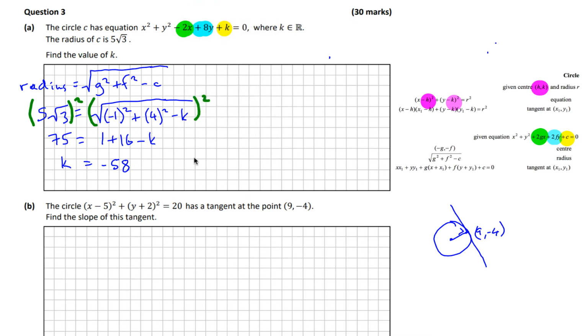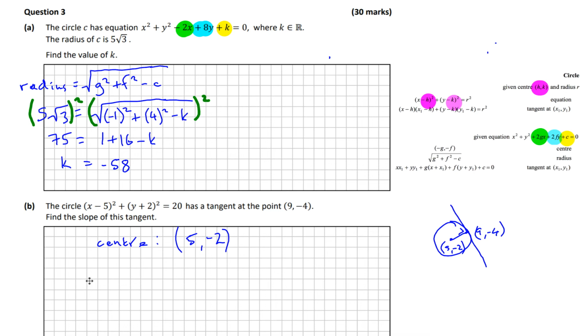So what that means is that the center of this circle is positive 5, comma, minus 2. So that's this point here. So we find the slope between 5, minus 2 and 9, minus 4.